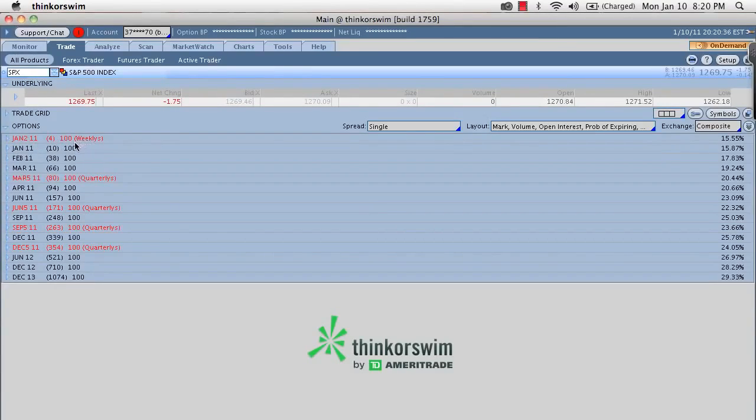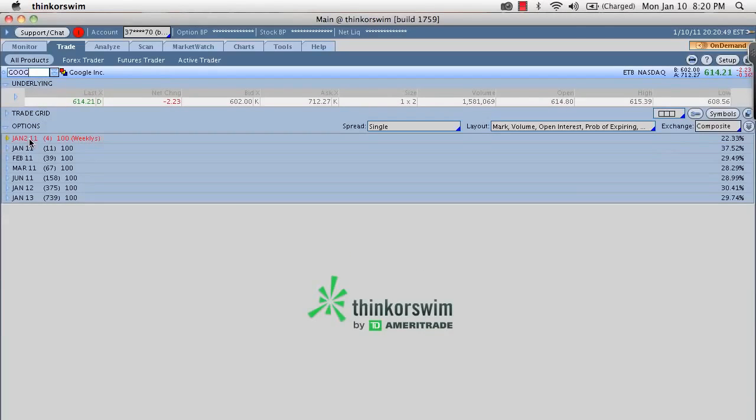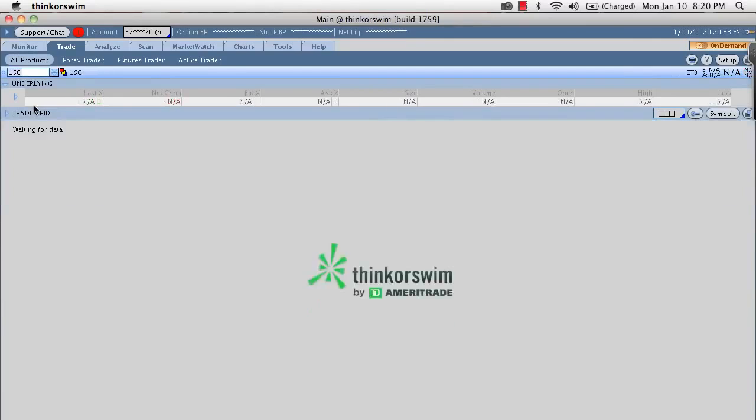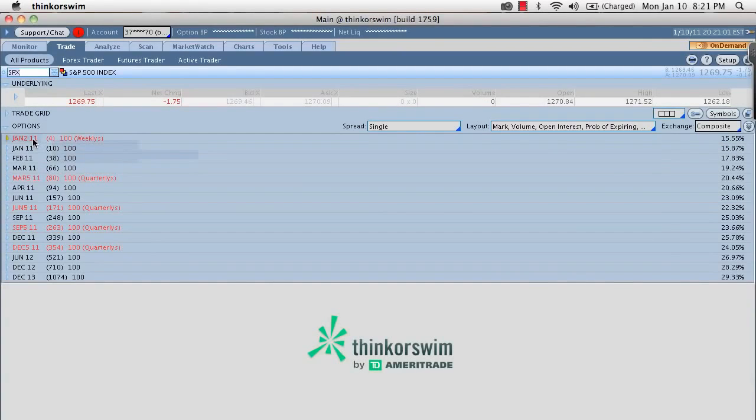The weeklies are the weekly options, and you can see the regular January ones here, February, March, and then the March quarterlies. They're also on some of the more major stocks like Google, and a couple of the ETFs. I know that USO also has weekly options, and you can see how clearly marked they are on all of these. But let's go back to the S&P and use that as our guideline.